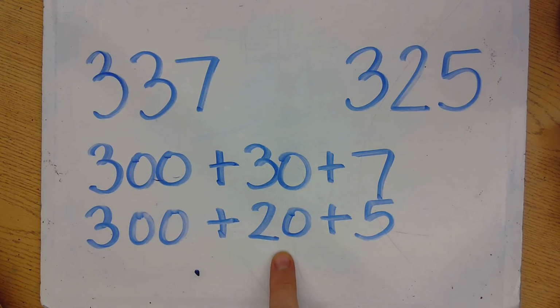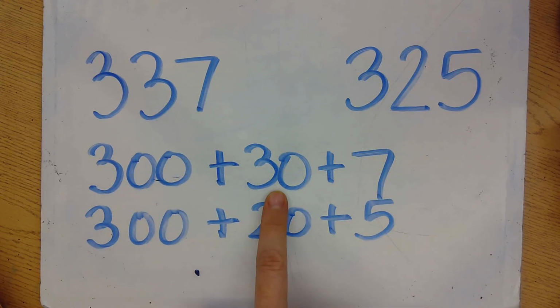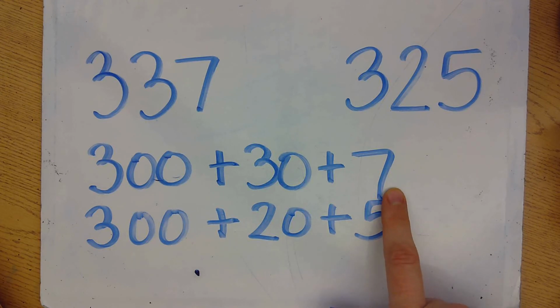The second number, which is in the tens place, are the 3 and the 2. 30 is bigger than 20. So already I know which number is the largest one. Then I can look at the number in the ones place, and I do know that 7 is bigger than 5. So which one of these numbers is bigger? You got it. It's 337.